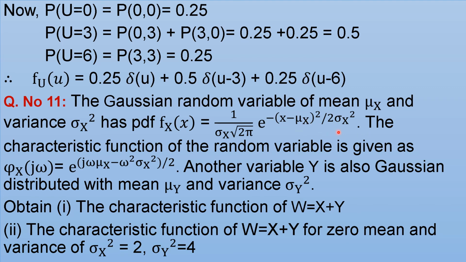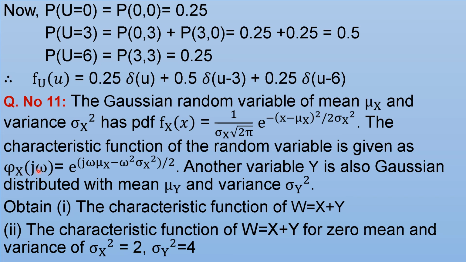This we have seen under the normal or Gaussian random variable, normal probability distribution, Gaussian probability distribution. The characteristic function of the random variable x, where x is a Gaussian random variable, is given by phi x of j omega. It can also be represented as phi x of omega.